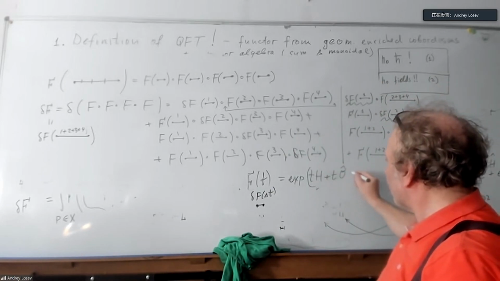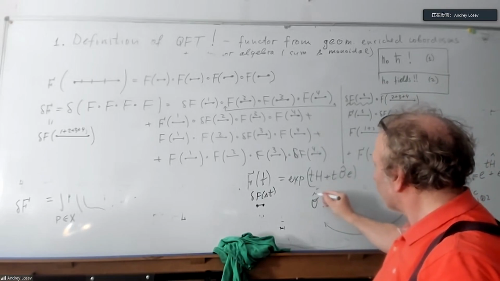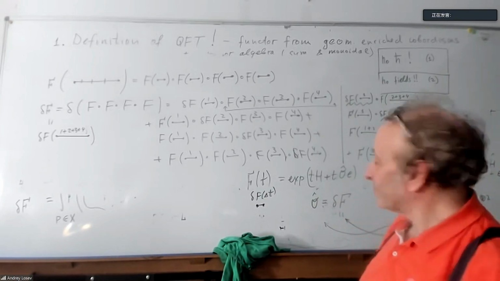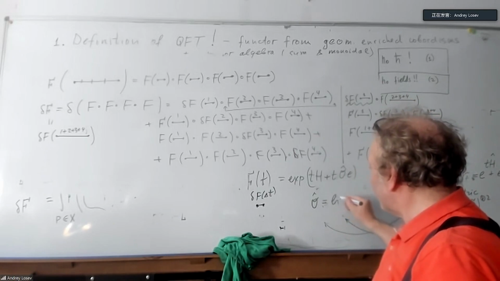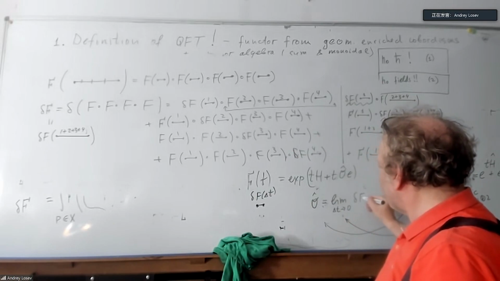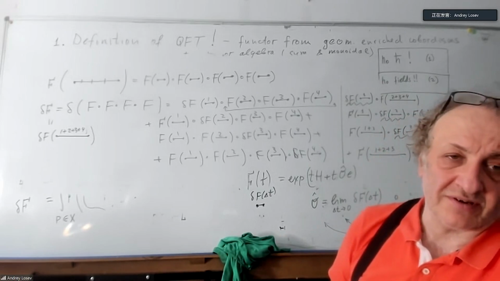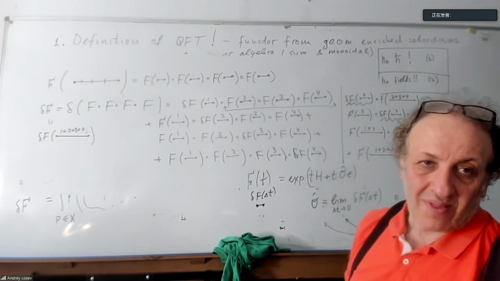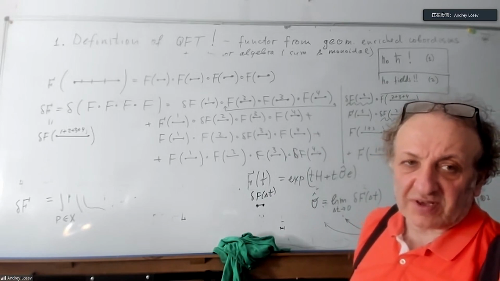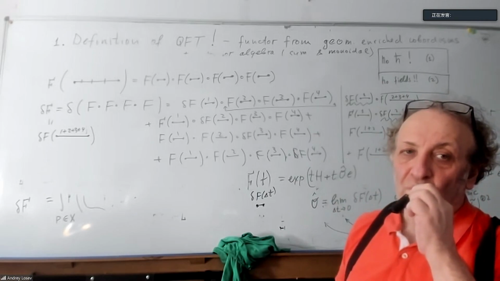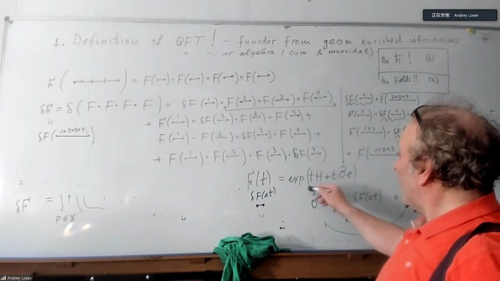And here I put epsilon, where O is nothing but delta F. O is the limit where delta t goes to 0 of delta F over delta t. So I assume that such a limit exists. Let me assume that such a limit exists. Then things go well. But I know the answer, you see?